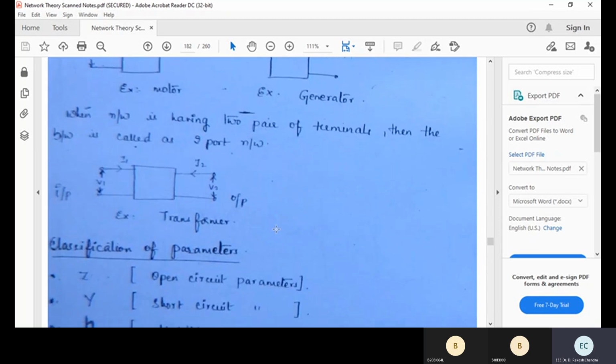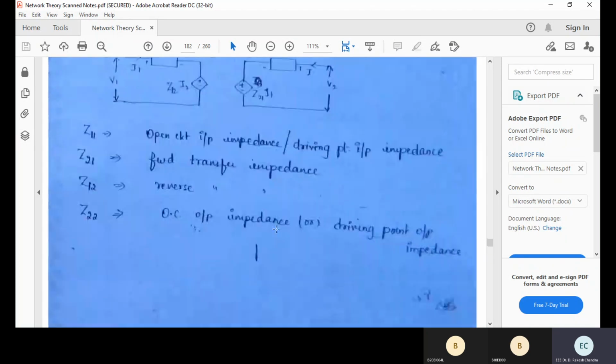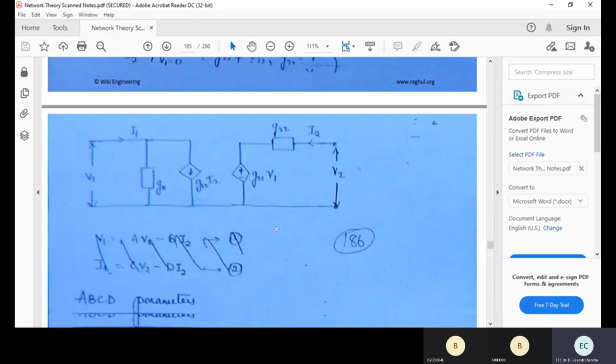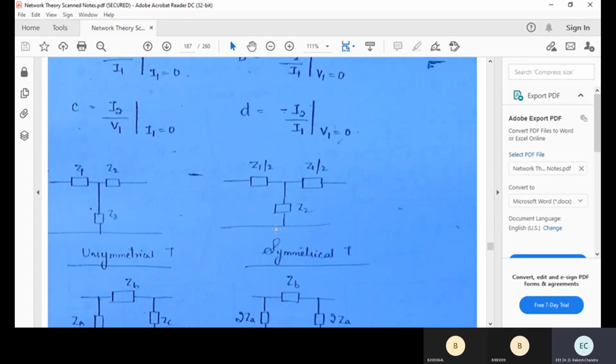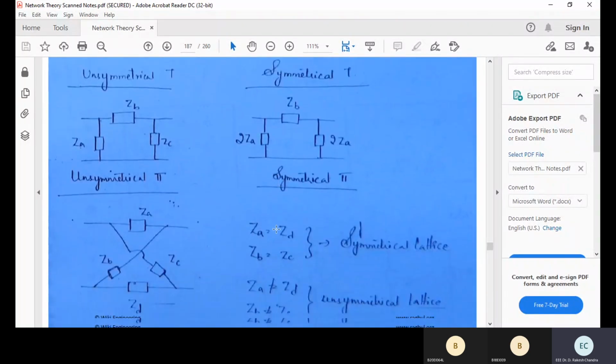So finally, we are having the syllabus Z parameters, Y parameters, hybrid parameters, and inverse hybrid parameters, and problems based on them. Just you are having symmetrical, unsymmetrical, T-type, Pi-type.